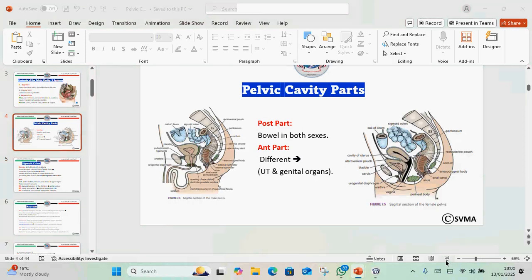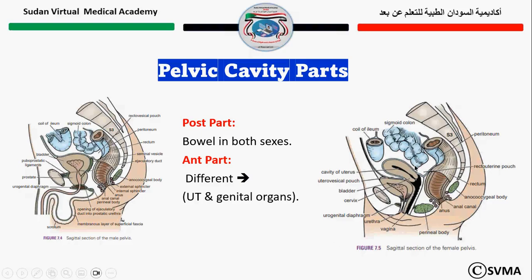A volunteer. In the male and in the female, what do we find anterior to the sigmoid colon? Jinwan? Anteriorly in the male, we have the bladder. Yes. And in the female, we have the uterus and vagina. The upper part of the vagina. Posterior relations are the same, sacrum and rectum.